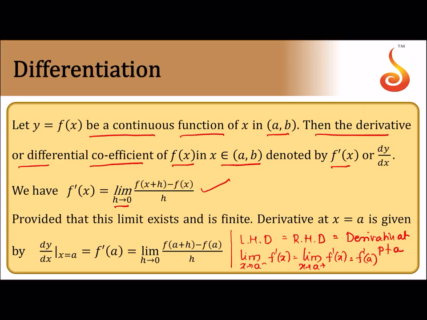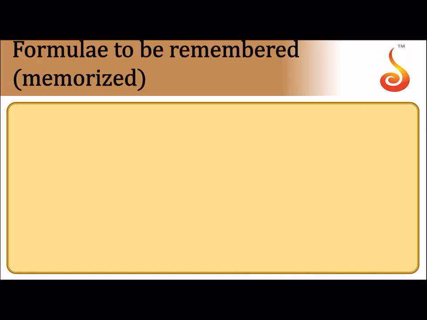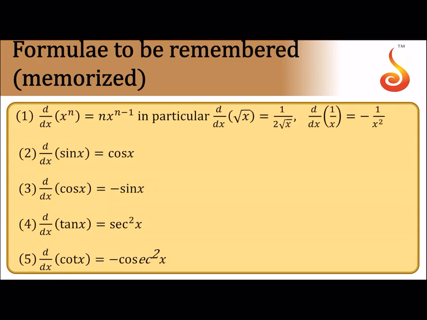Then we say the function is differentiable. So left hand derivative equals right hand derivative equals derivative of the function. What you do is just simply differentiate the function and solve the limit. Then you get the left hand limit, right hand limit and the derivative at that point.